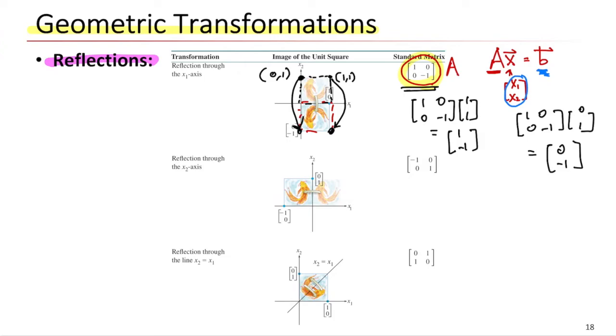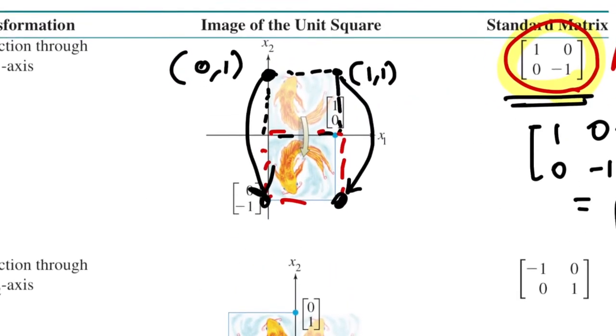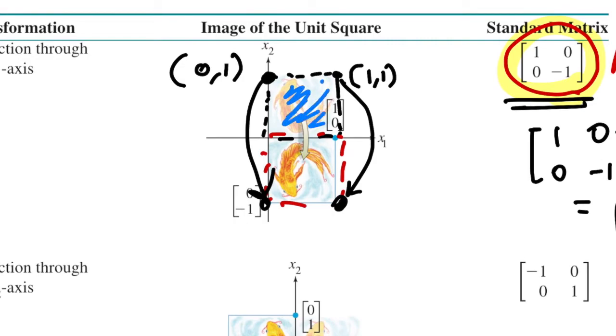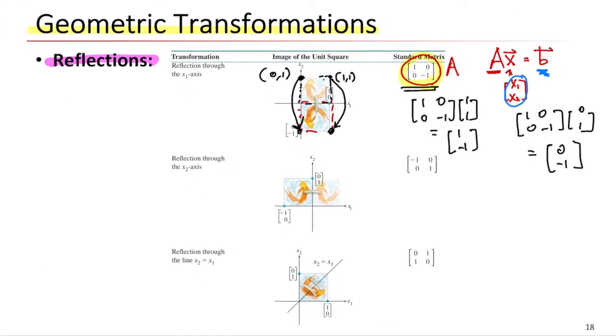So this point moved to here. So every point in here moved to here. When you see the figure of this object, the output looks like this. So this is the reflection through the x1-axis.